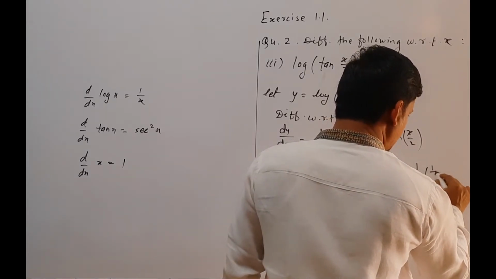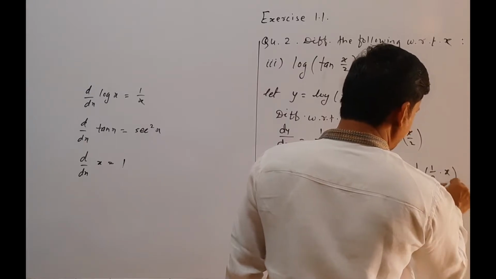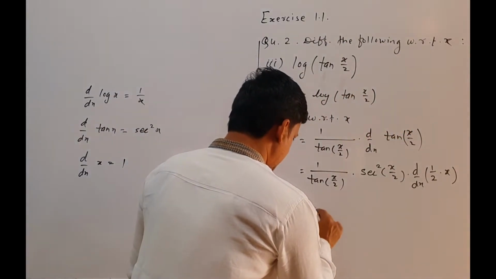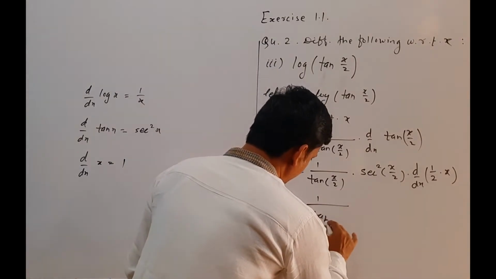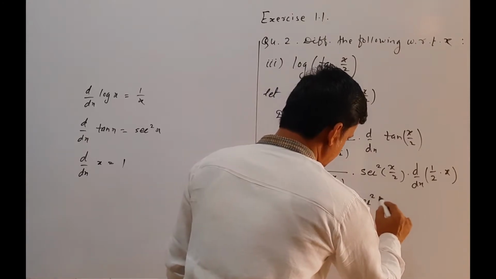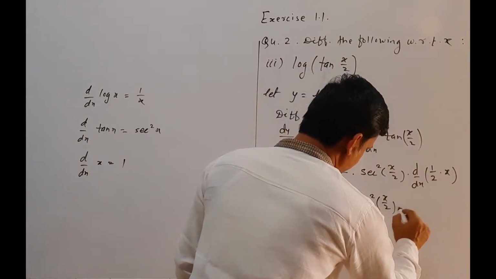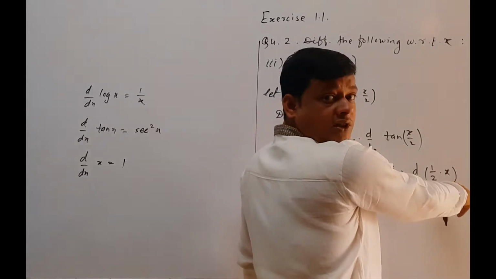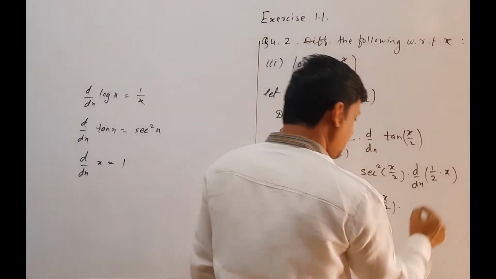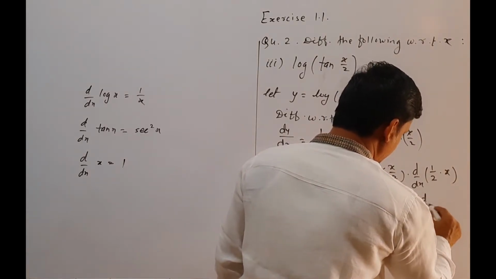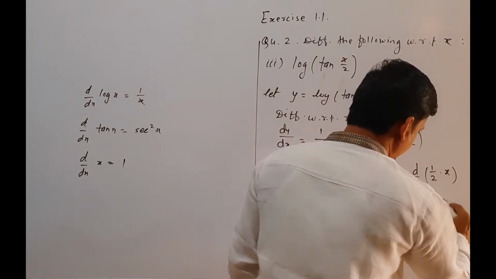So we write here x by 2 as 1 by 2 into x, which is convenient for differentiating. So we write here 1 upon tan of x by 2 into sec square x by 2 into this 1 by 2, which is a constant with variable x. So we write here 1 by 2 in multiplication, then d by dx of x.